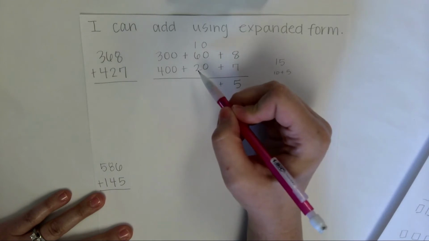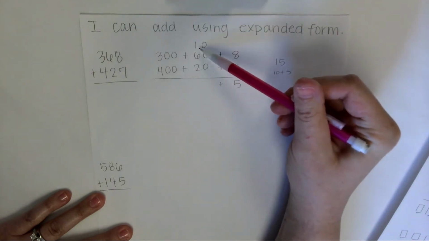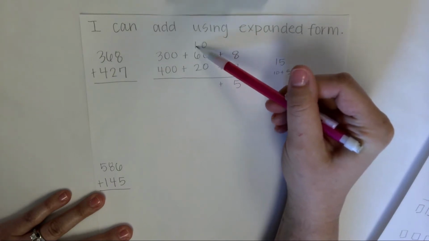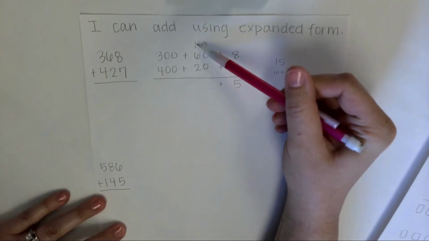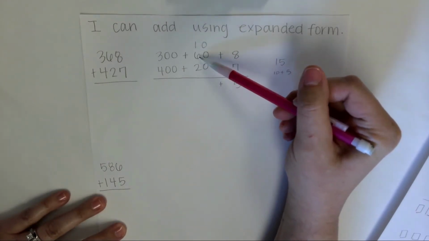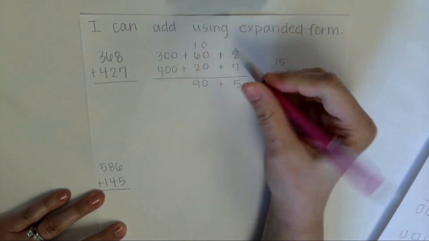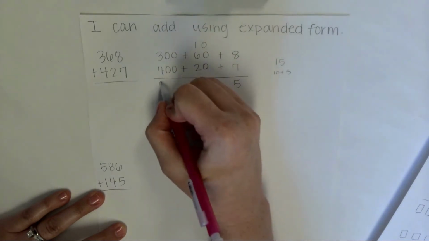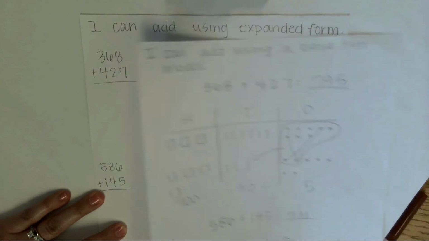So now I can add my tens, and I know that 10 plus 60 is 70, because that's just 1 ten plus 6 tens is 7 tens, so we can think about that either way. So 10 plus 60 is 70, and 70 plus 20 is 90, and 300 plus 400 is 700. So, does this remind us of anything?